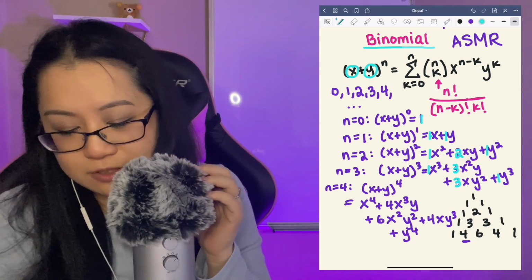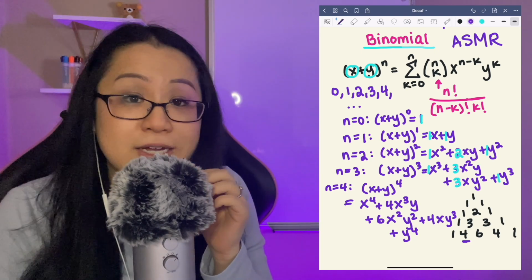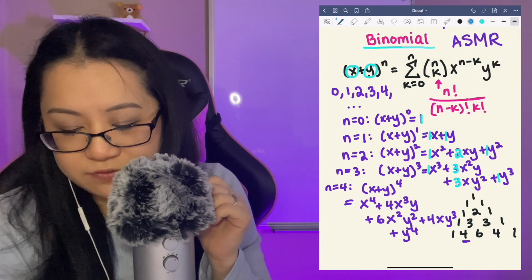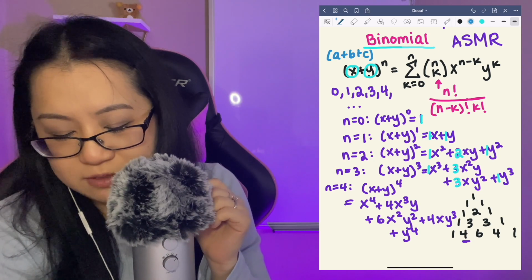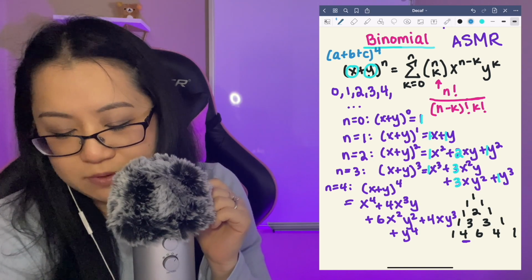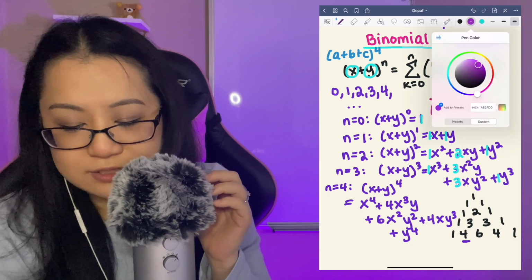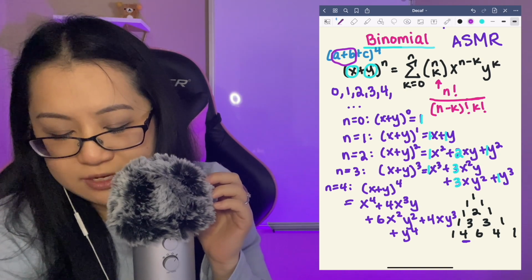But sometimes your actual x and y might be more complicated. Or for that matter, it's very tedious this way, but if you happen to have a plus b plus c to the power of, let's say, 4, you can technically pretend that a plus b is x.